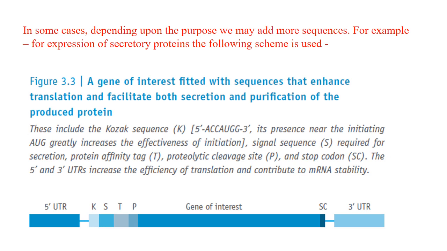So here, if you want to express a secretory protein of eukaryotic origin, we require Kozak sequence, AUG start codon, signal sequence which will lead the protein to its destination, secretion protein, affinity tag T, proteolytic cleavage site P, stop codon SC, and 5' and 3' UTRs.